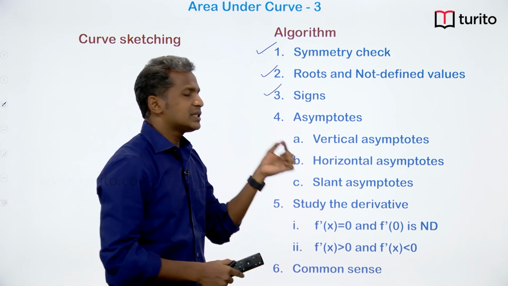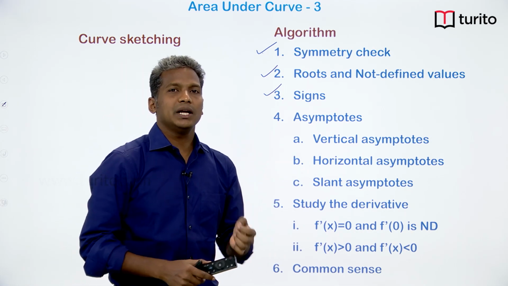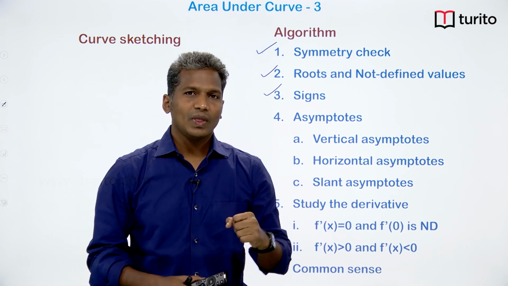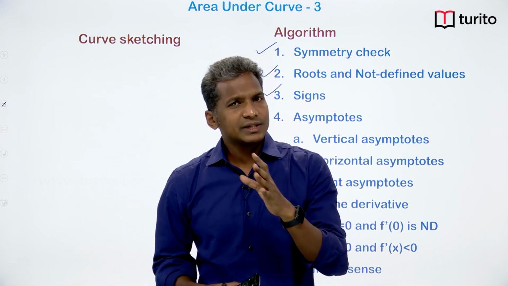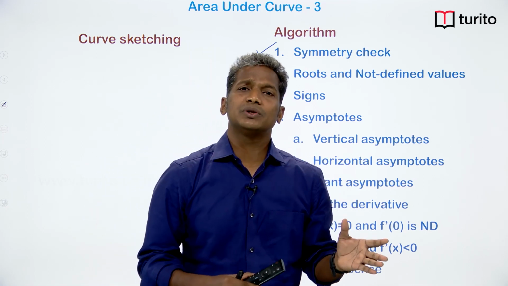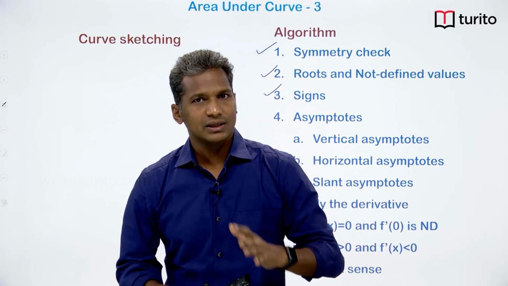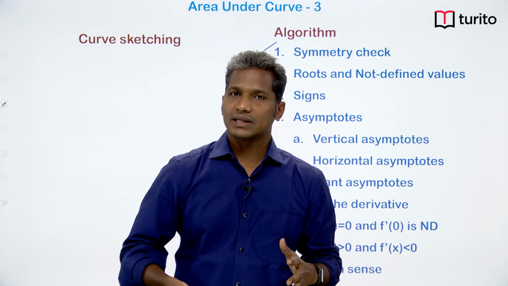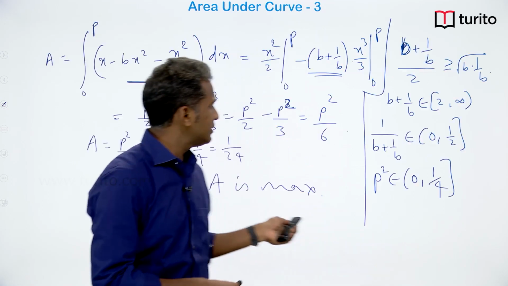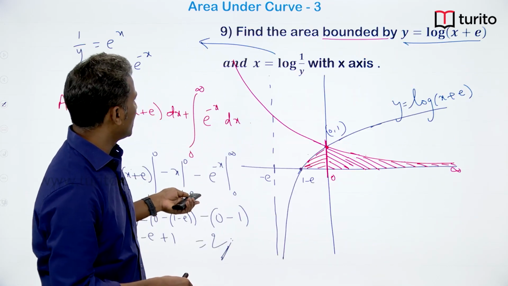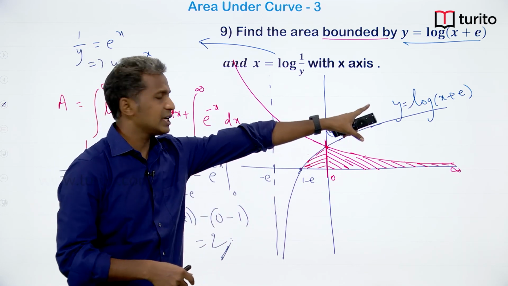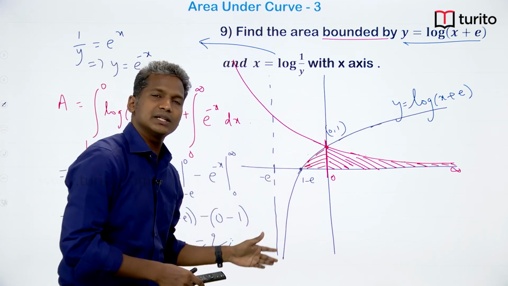Now vertical asymptotes can be understood in two ways. One is, there are some standard functions where vertical asymptotes naturally exist. For example, the log x graph has the y-axis as the asymptote. We have also seen one example here in the earlier example. See, log of x plus e has one vertical asymptote.